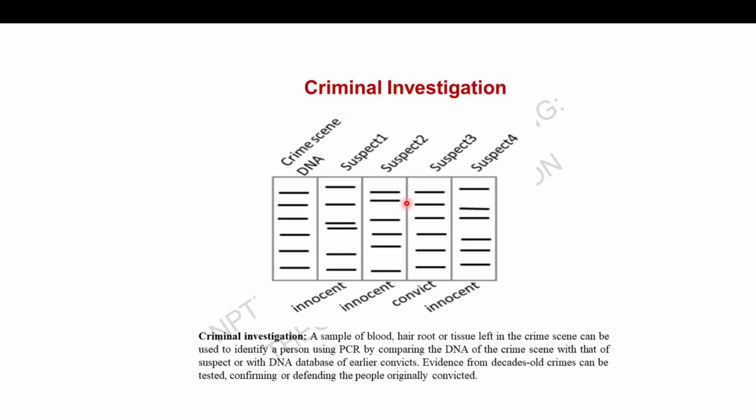During criminal investigation as well, suppose a sample of blood or hair root is left, you see the forensic department collecting evidence from crime sites, right? If they have a hair sample or some tissue or blood left at the crime scene, the criminal's DNA can be there, but that small amount is not enough.